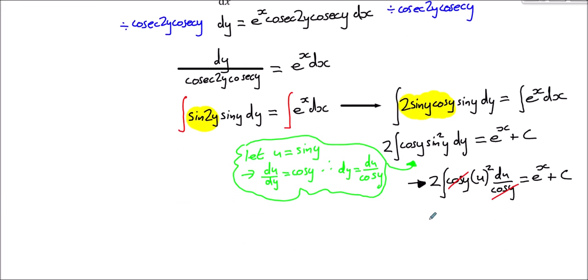So now I'm going to get 2 lots integral of u squared du equals e to the x plus c. Integrate u squared with respect to u. That's going to give me 1/3 u cubed, which will equal e to the x plus c. Just going to remember what u cubed actually was.